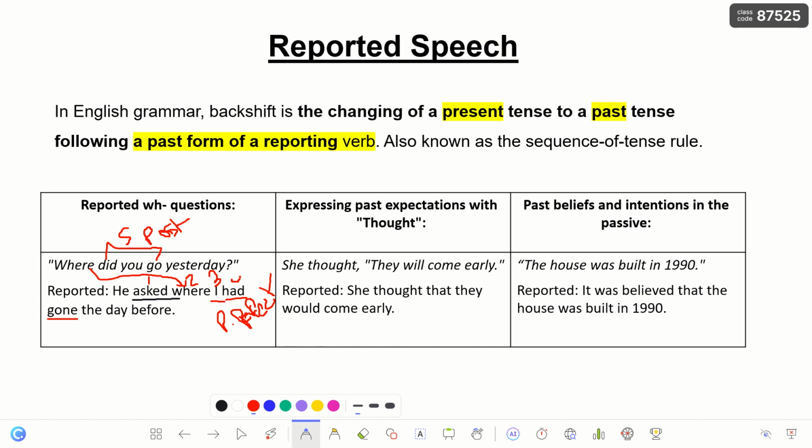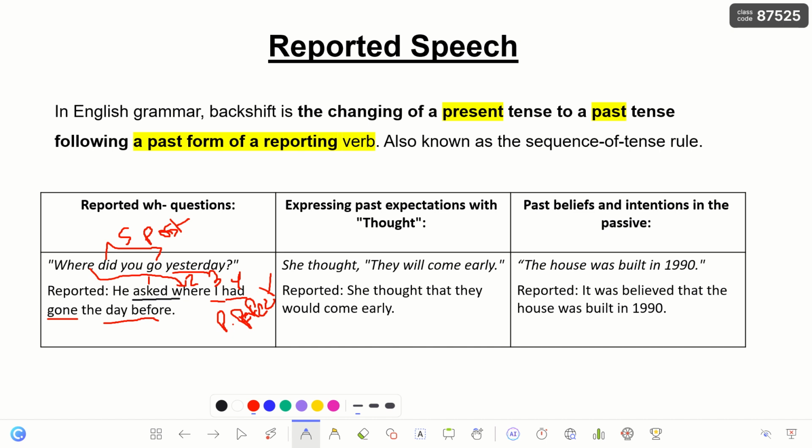Then we backshift the tense. We change any other time expressions like yesterday becomes the day before. Ladies, pay attention that you need to study the reported speech worksheet that I gave to you in the class, because it includes all these changes and all that explanation.